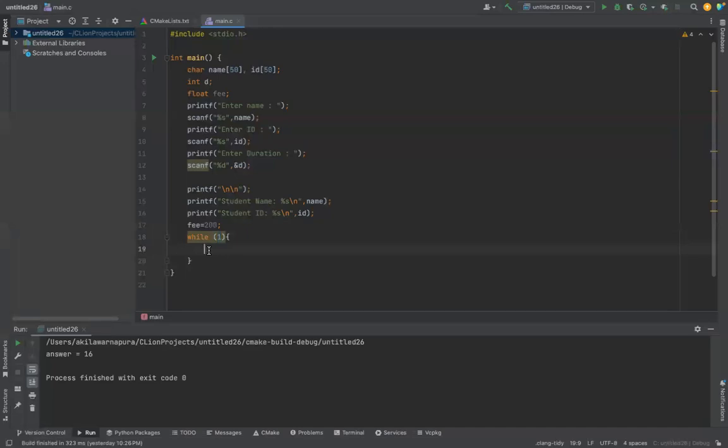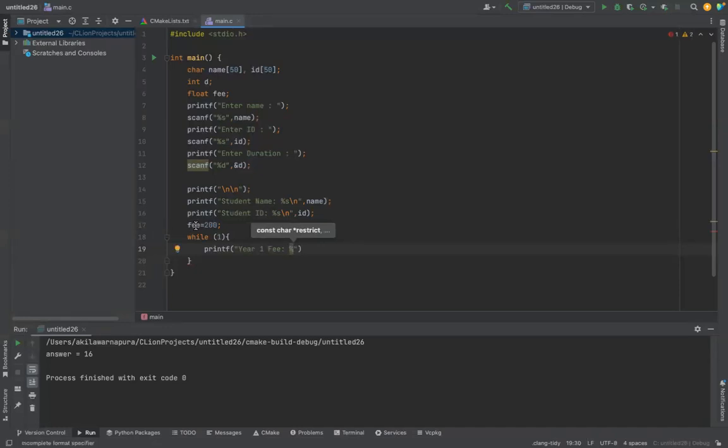What we have to do is first we have to printf the course fee. Initial course fee is $200. Therefore, we can printf year 1 fee is.